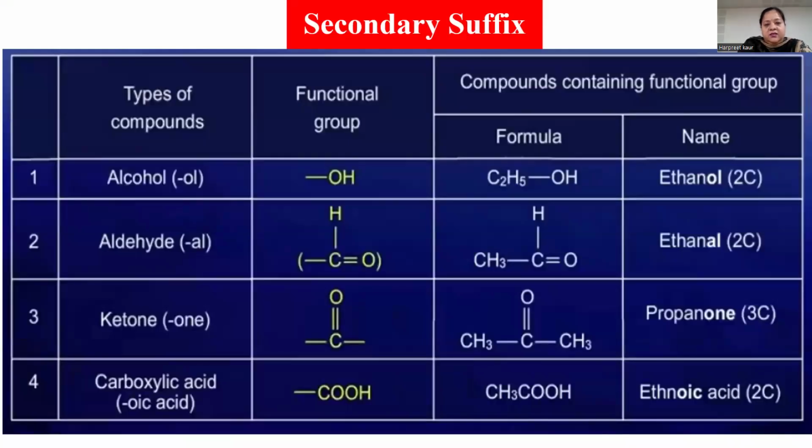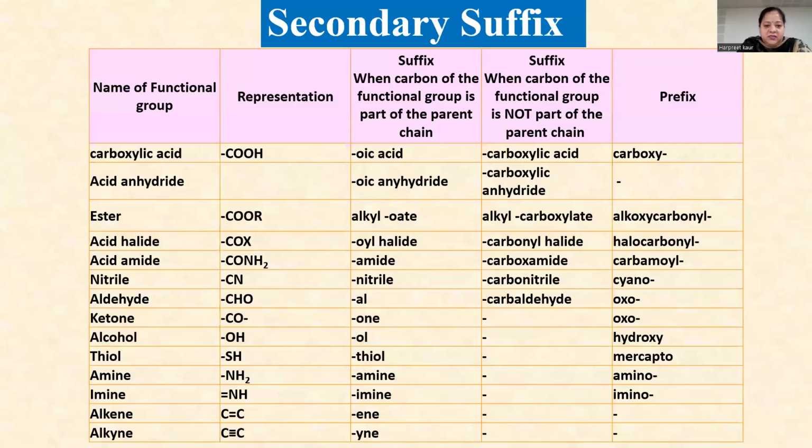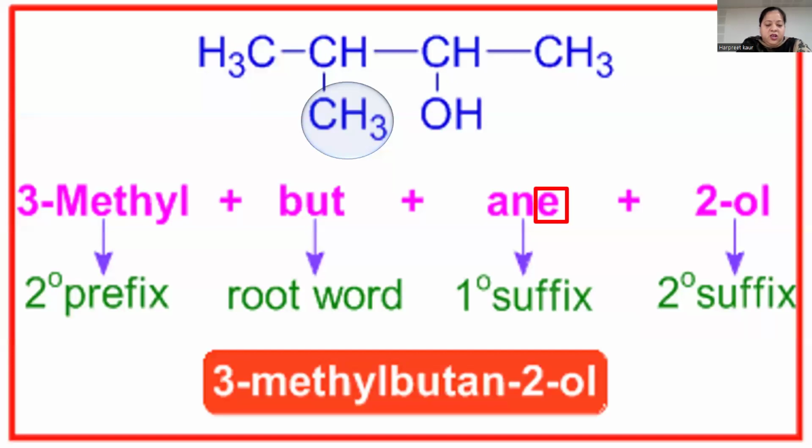Then these are the certain secondary suffixes, which are the functional groups in the syllabus of class 10. OL for alcohol, AL for aldehyde, ON for ketones, Oic acid for carboxylic acid. And this is the extended list with some more options for the functional groups. Now coming to the subparts of this, as you can see here, it's a chain of four carbon atoms.